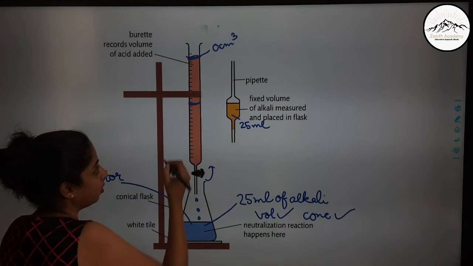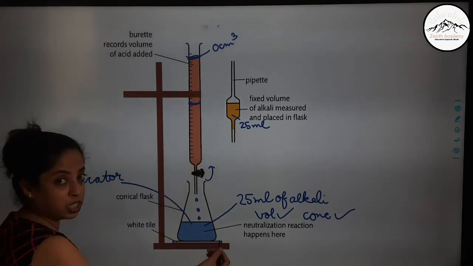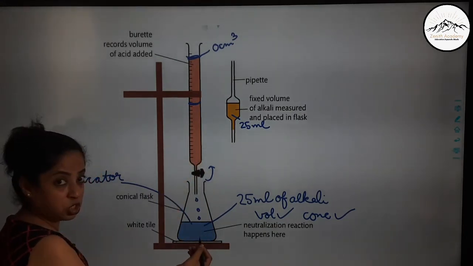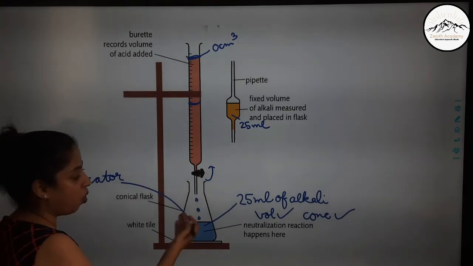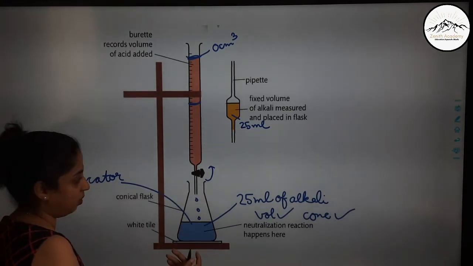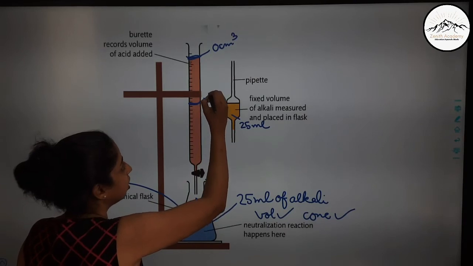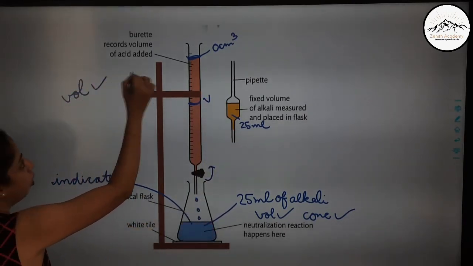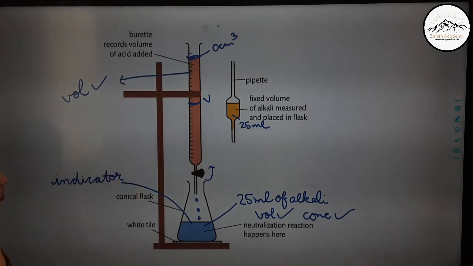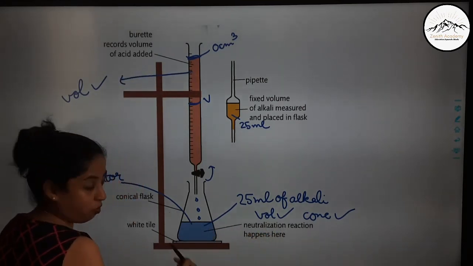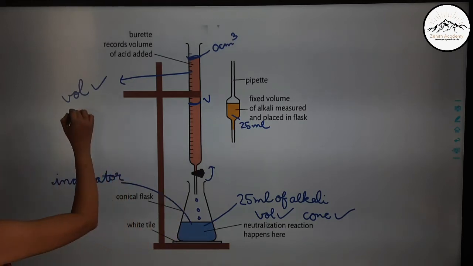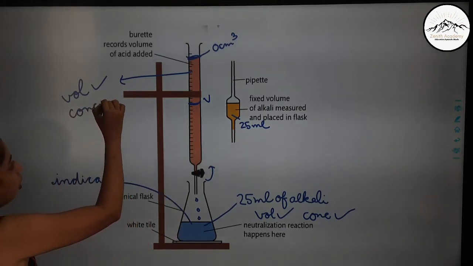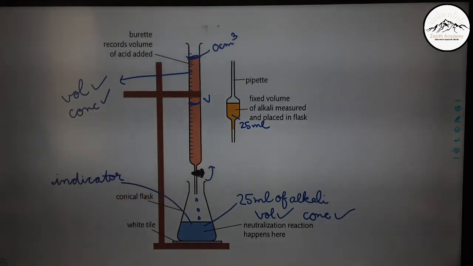We stop at the point where the end point is reached, that is when we see a color change, when all the base has reacted with acid. Suppose this is another volume that we note. Now we know the volume of this acid, and since we know the volume and concentration of the base, we can calculate the concentration of the acid that is required.